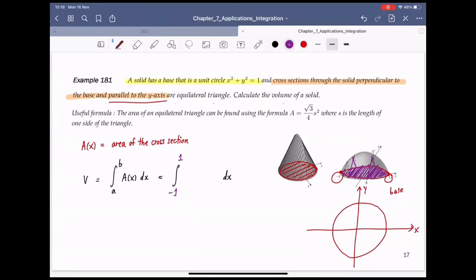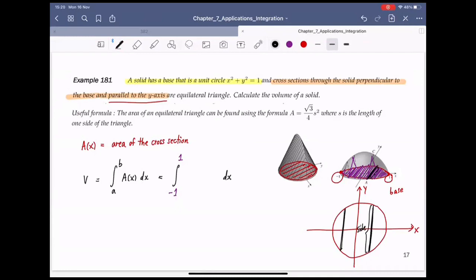You say that every time you cut, you cut parallel to the y-axis. You cut here, and every time you get the triangle. I'm not going to draw 3 dimensions here, it's just 2 dimensions. This is going to be the side of your triangle. Does it make sense? This is going to be the side of the triangle, equivalent to the black one that I drew here.